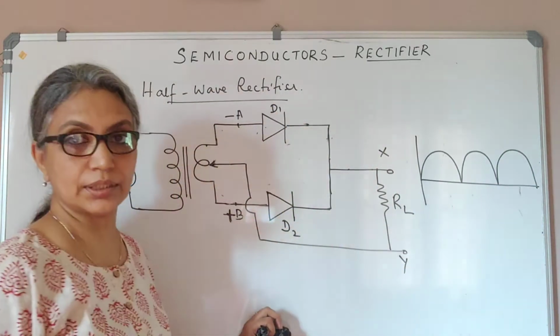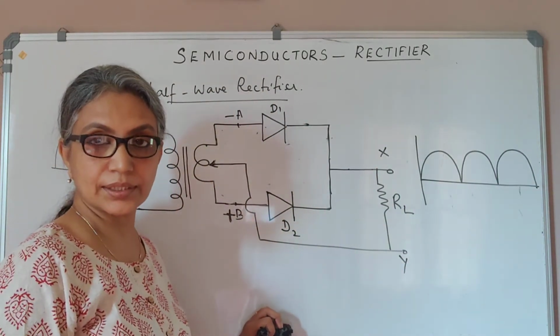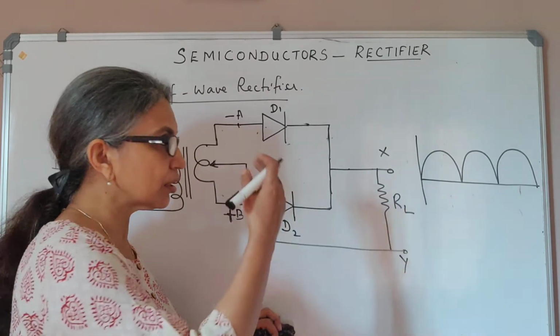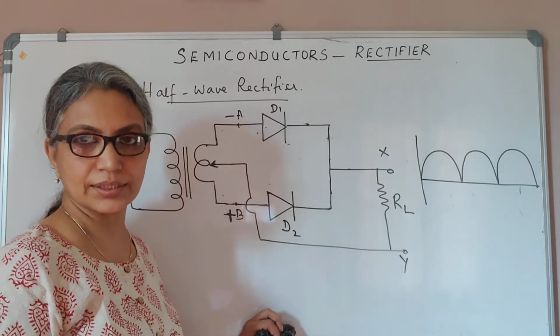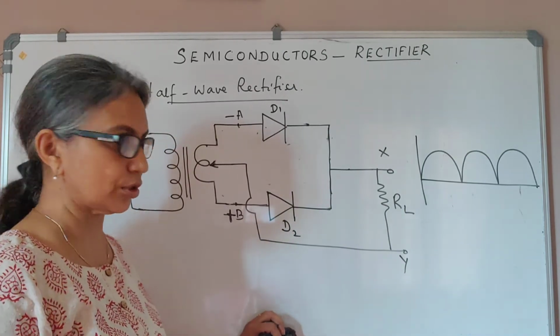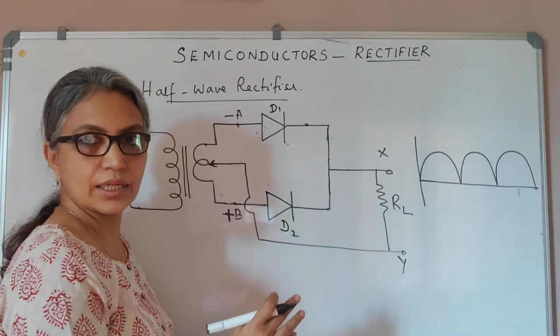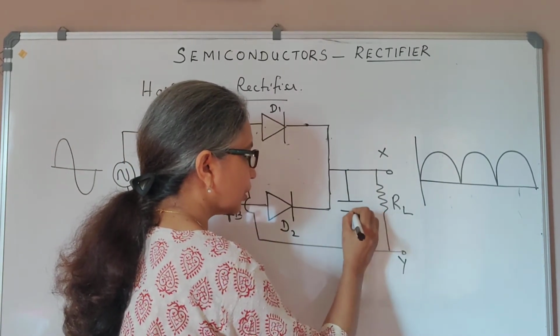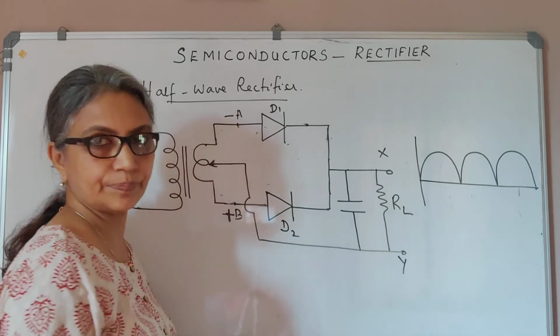We have got a DC, but it is a pulsating DC, and we have what we call a filter circuit, which can remove the pulses to a great extent and give us a constant DC value, DC voltage. A filter circuit is nothing but a capacitor which is connected in parallel to the load resistor.